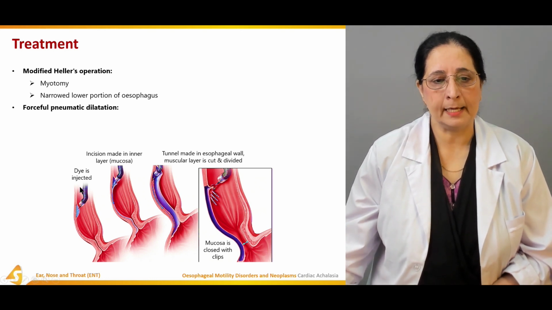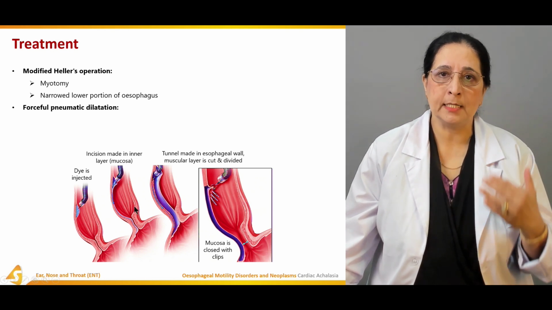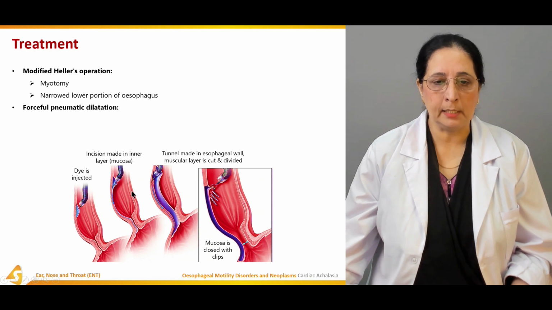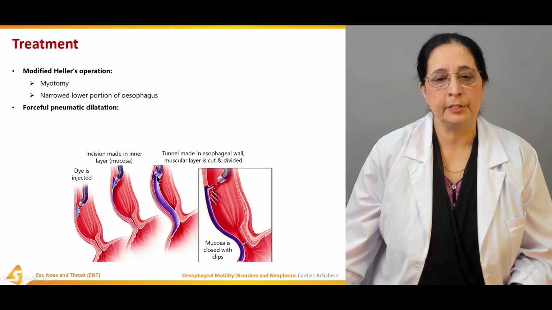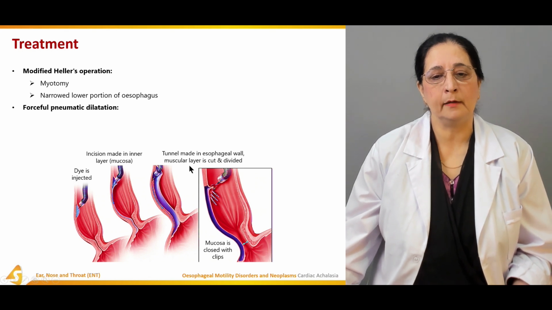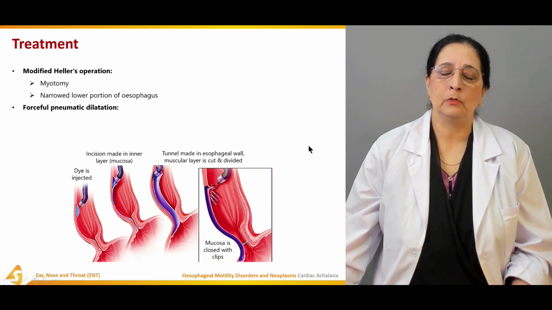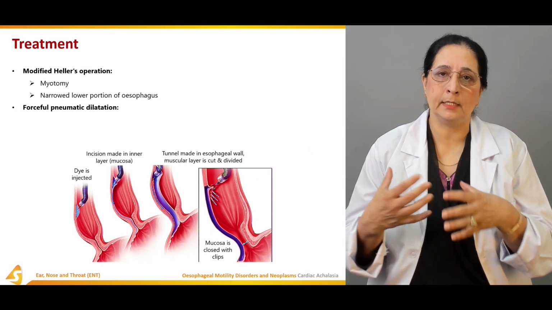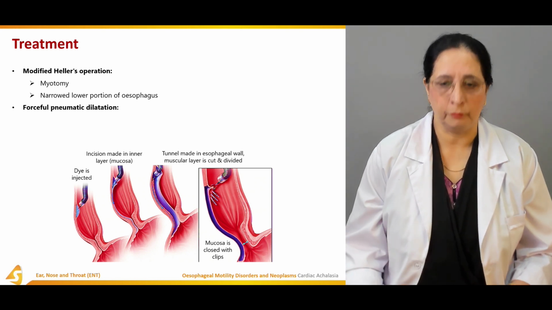So dye is first injected, then an incision is made in the mucosal layer, then a tunnel is made in the esophageal wall, the muscular layer is cut and divided, and the mucosa is closed. So a pathway is created for the passage of food.